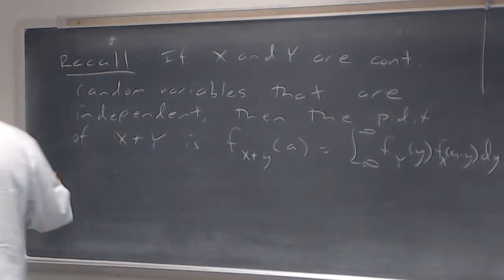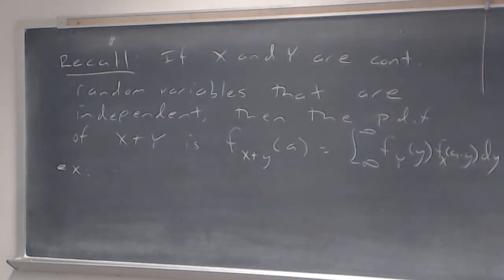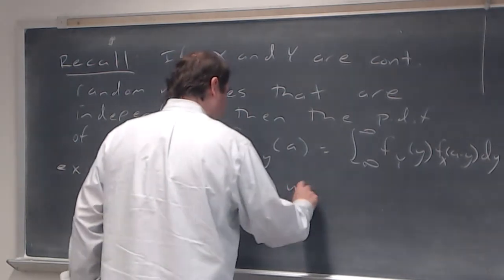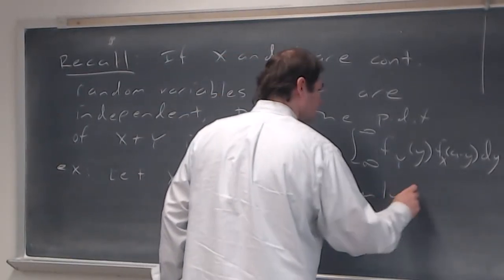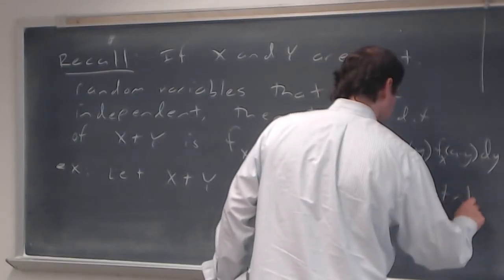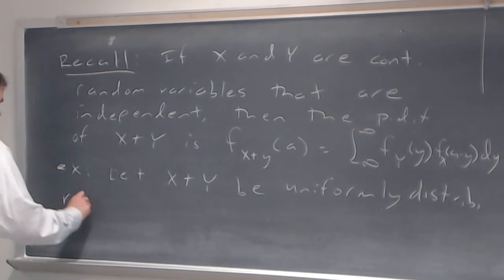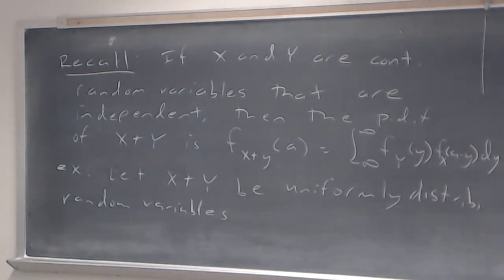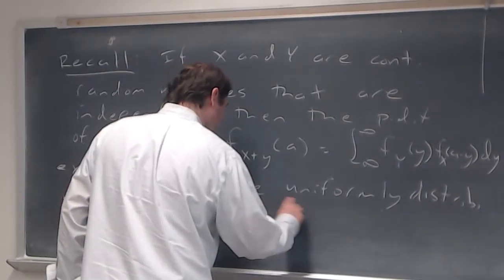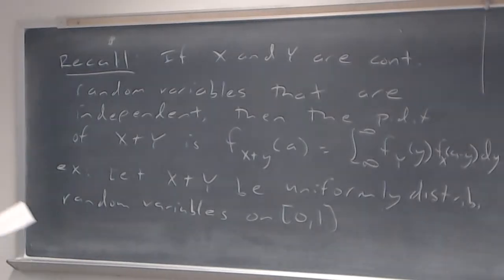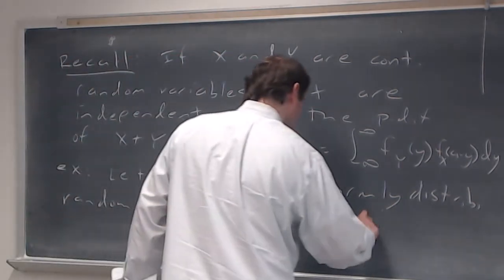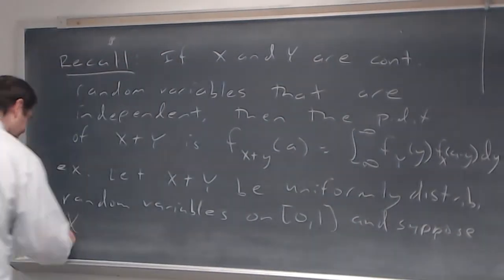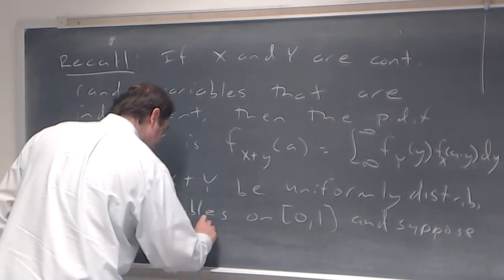Okay, so I'm going to do an example where we use this. Let X and Y be uniformly distributed random variables over 0 to 1, and suppose X and Y are independent.